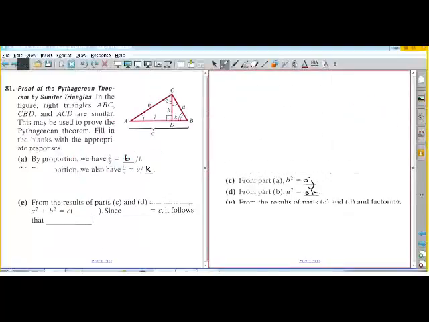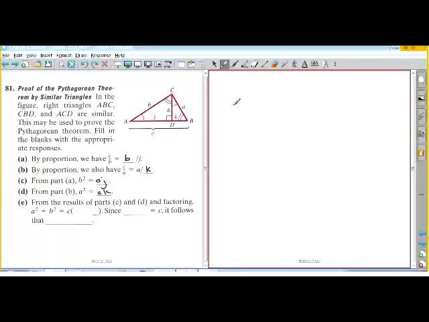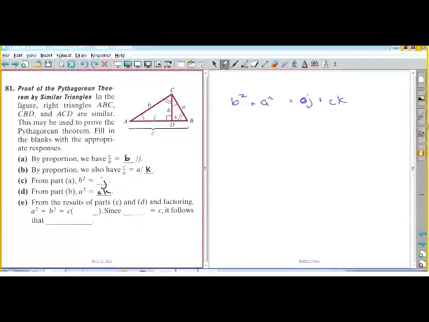So let's see, I might even finish it today. We're going to say B squared is equal to C times J, and then we add A squared, which is equal to C times K. This must be a C, I wrote it incorrectly.